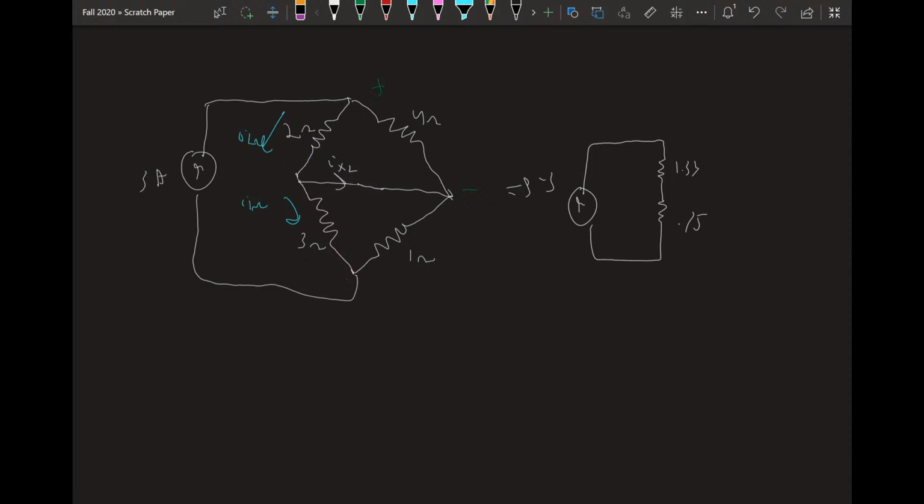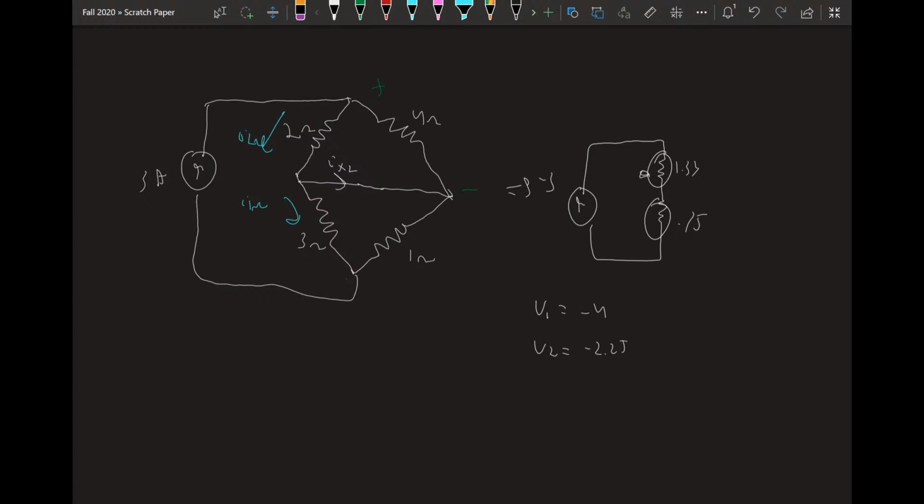Once I solve for that, I find that the voltage across this resistor right here, I'm going to call it voltage 1, equals -4. And the voltage across this resistor, I'm going to call voltage 2, is equal to -2.25. Now, because they're in parallel, the voltage across this equivalent resistor is the same thing as the voltage across this resistor.